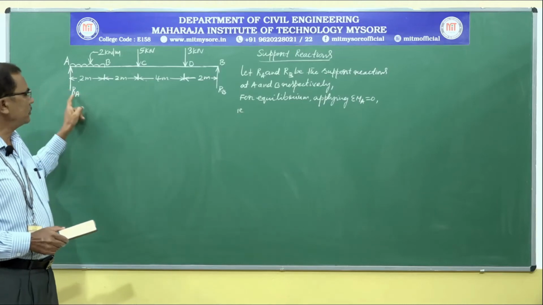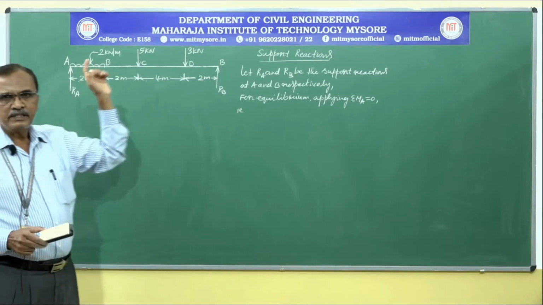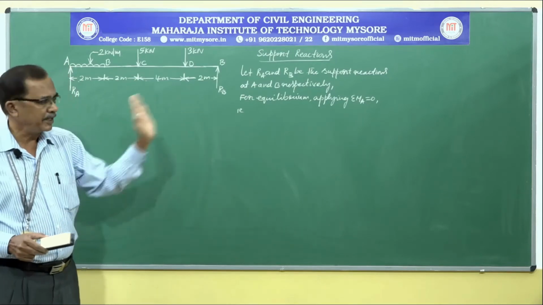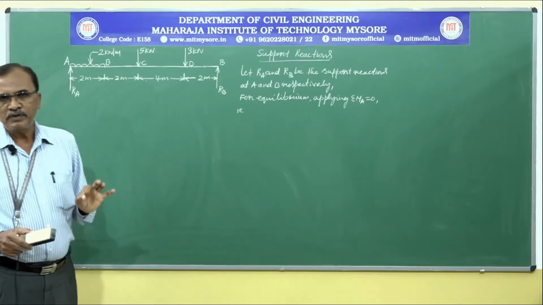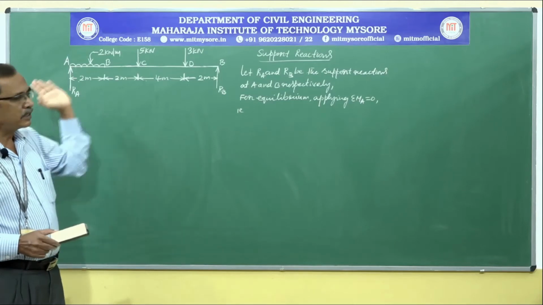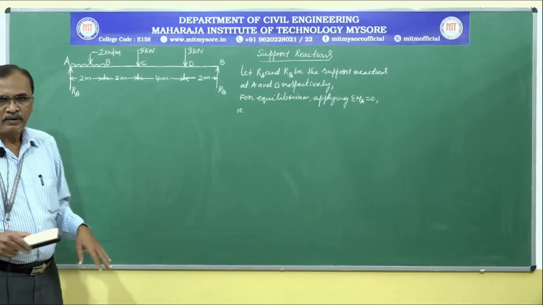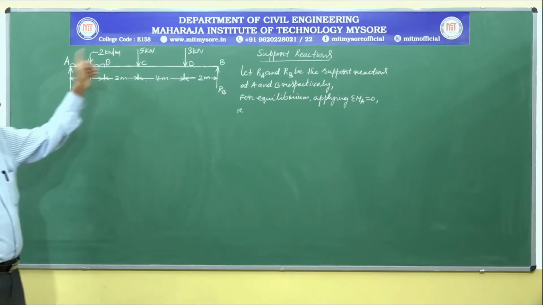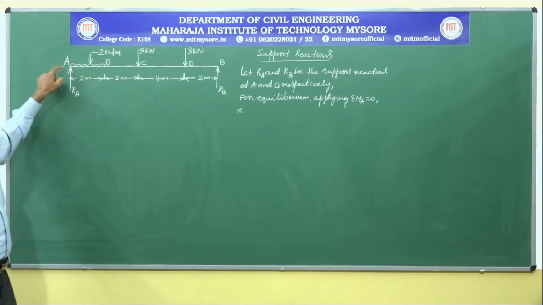The force which is creating 0 moment will not be considered. We leave the force which is creating 0 moment and consider the remaining forces. Let us proceed from left hand side to right hand side, and this is our moment center.